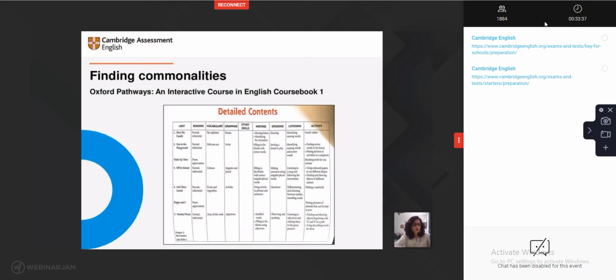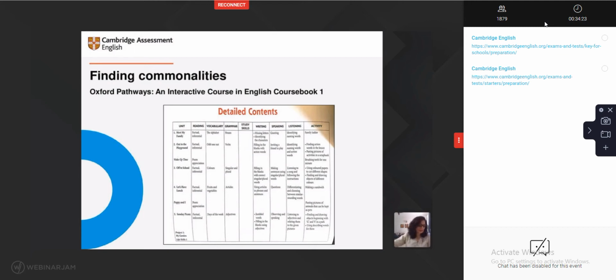But almost all course books these days, be they Macmillan, Oxford or Cambridge, come with a very detailed template like this, where you have the name of the unit, the reading focus, the vocabulary that is covered, the grammar topics, then some of them could cover study skills, and then you have the writing sub skills, the speaking sub skills, the listening sub skills, and the activities which actually enable all of this, right? So you already have a template like this.